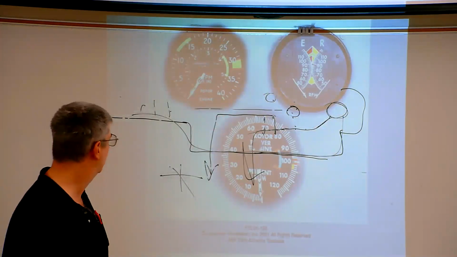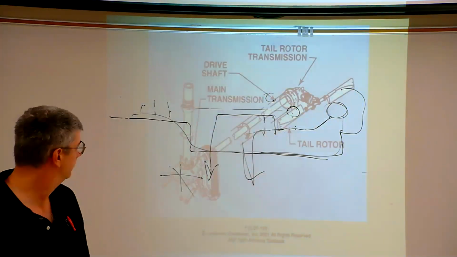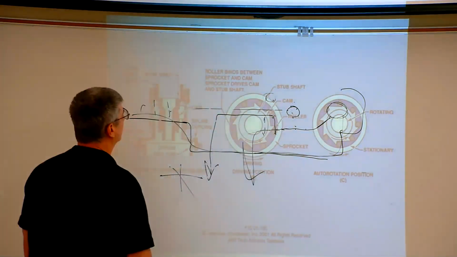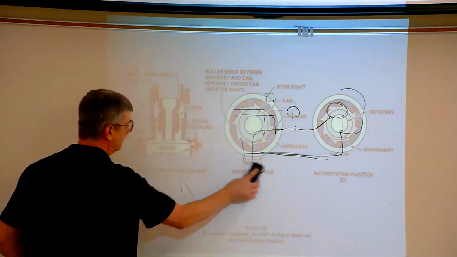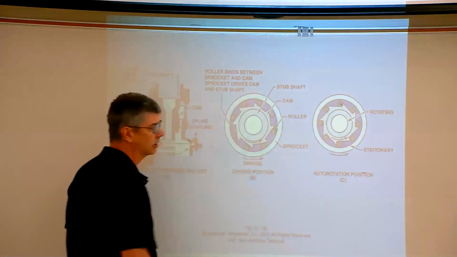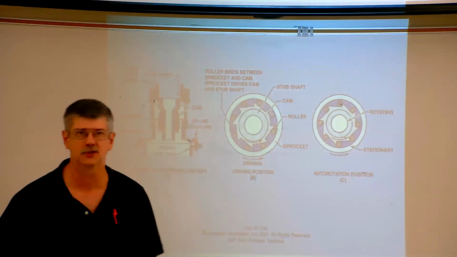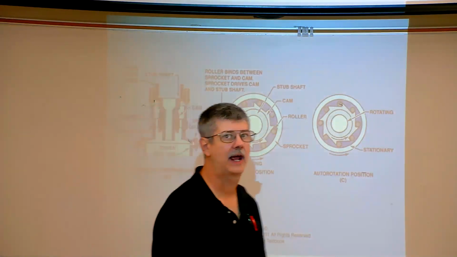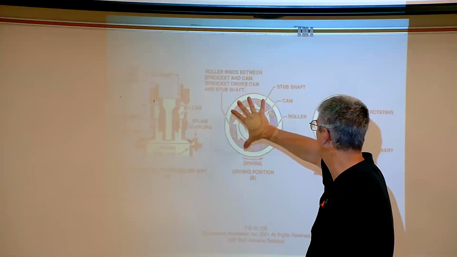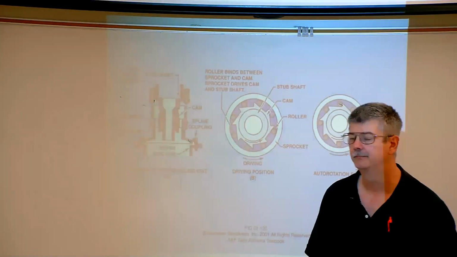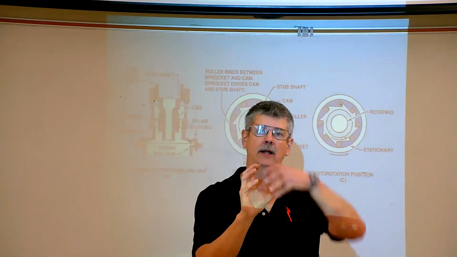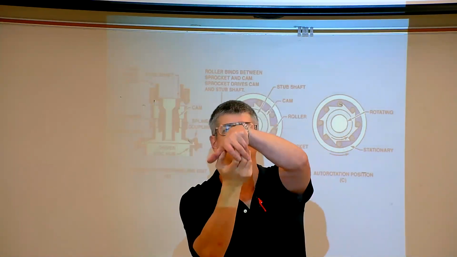And really the last thing is what I've already talked about, and that is all helicopters, where the main rotor connects to the transmission, have to have what's known as a freewheeling unit. Basically, we have a clutch that, when the engine tries to turn the rotor blade, locks up to turn the rotor blade.